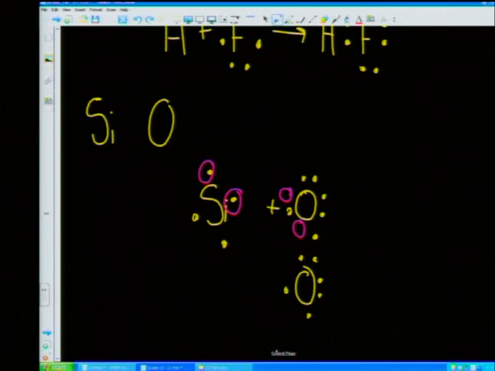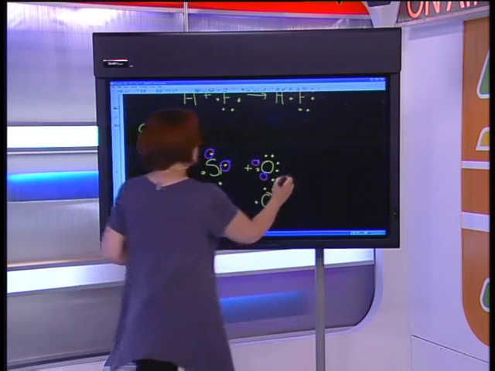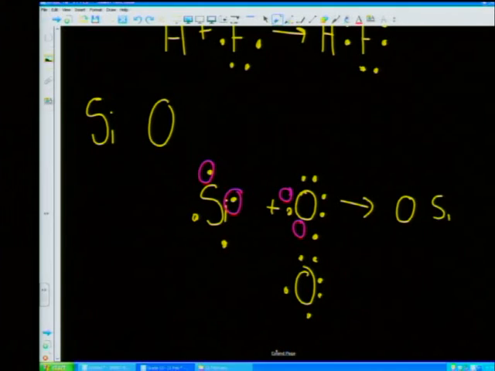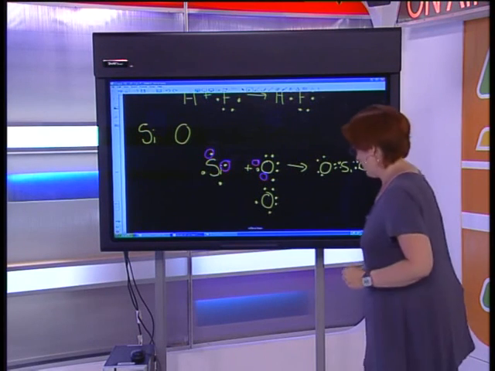Because now the silicon can make the bonds it needs, so it does this, and it's going to go here. And in fact, I'm hoping you all recognize that this looks exactly, when I do it nicely, like carbon dioxide. Okay, it looks just like carbon dioxide, which is actually quite cool.